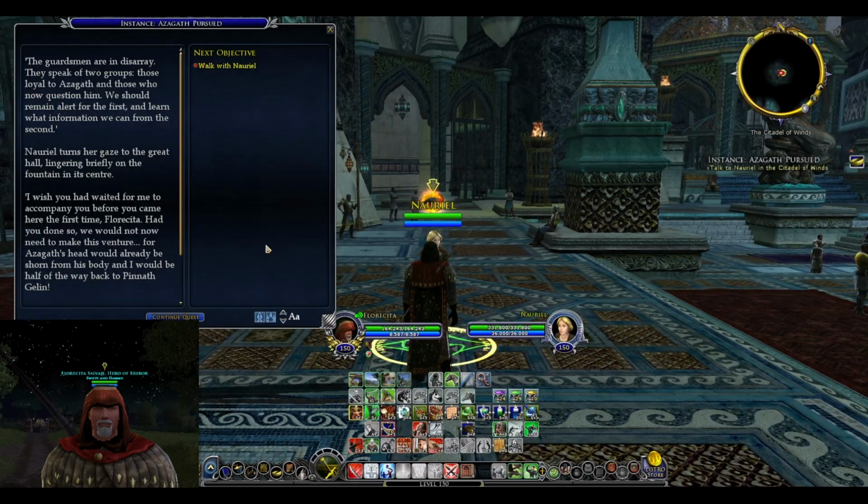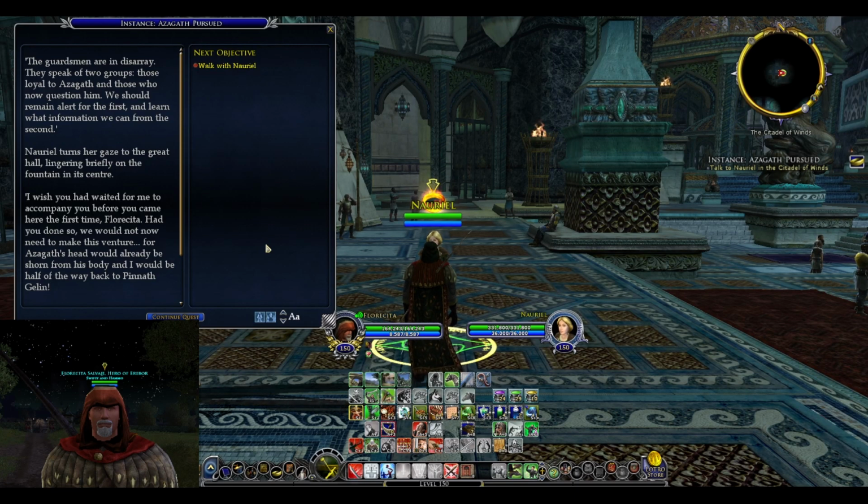The guardsmen are in disarray. They speak of two groups, those loyal to Azagath and those who now question him. We should remain alert for the first, and learn what information we can from the second. Narl turns her gaze to the great hall, lingering briefly on the fountain in its center. I wish you had waited for me to accompany you before you came here the first time, Floricita.